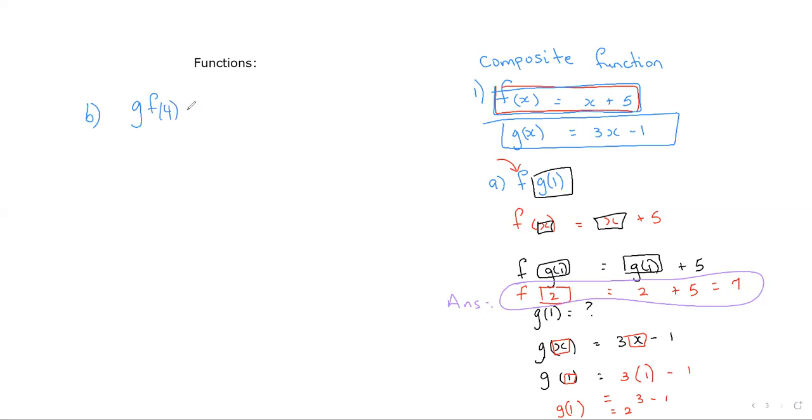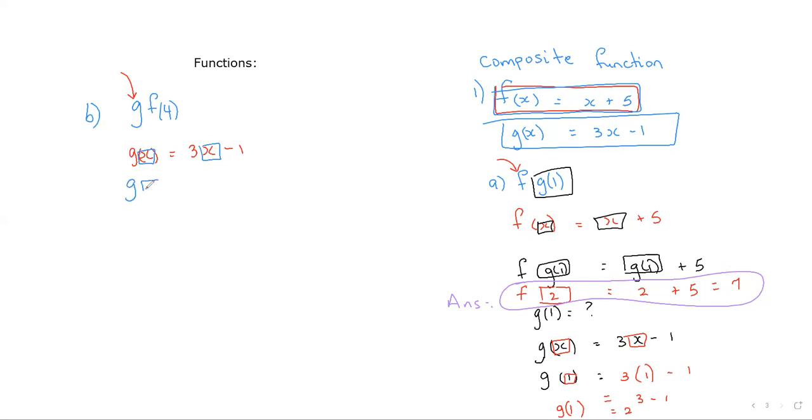Now, basically, you see your first letter, that is like your template function. That is like your function that you're going to substitute into, right? So you write that first one. Now, everywhere I have x, I'm going to replace it with a box.